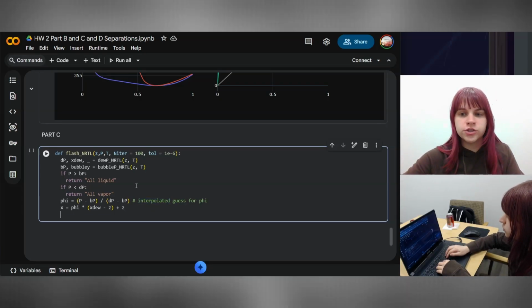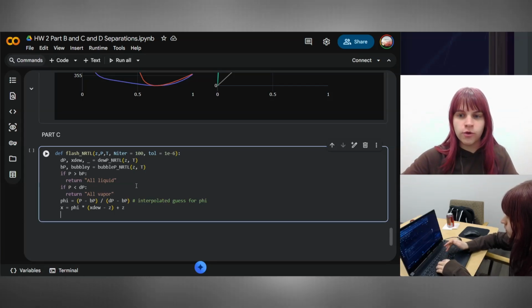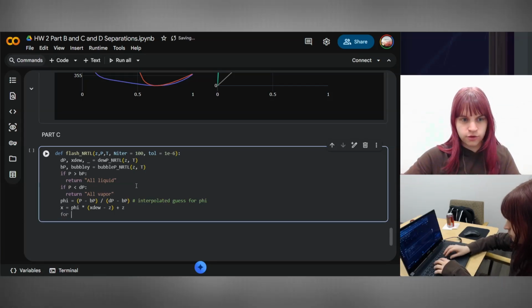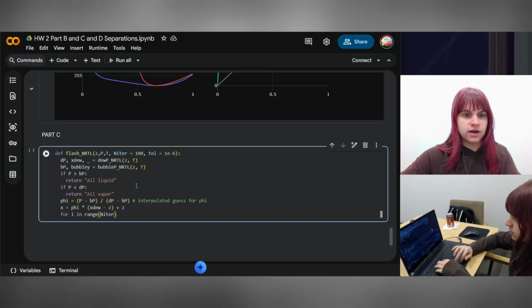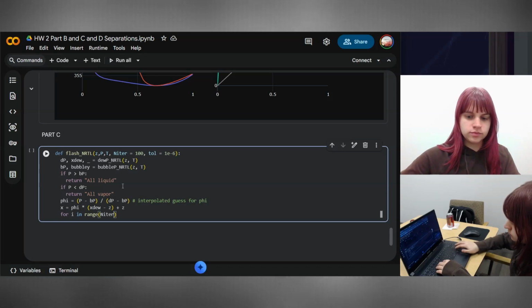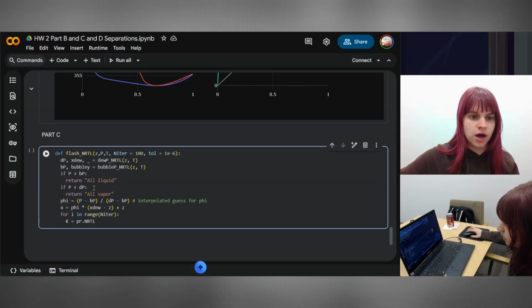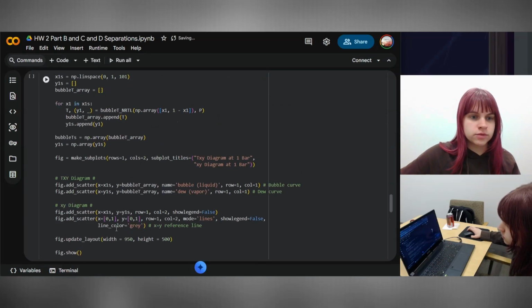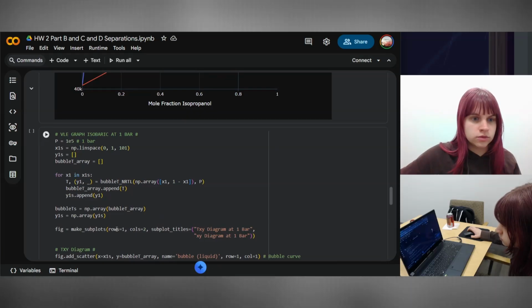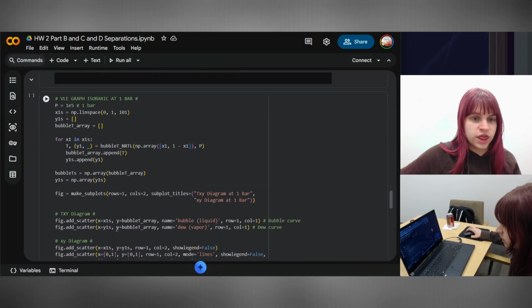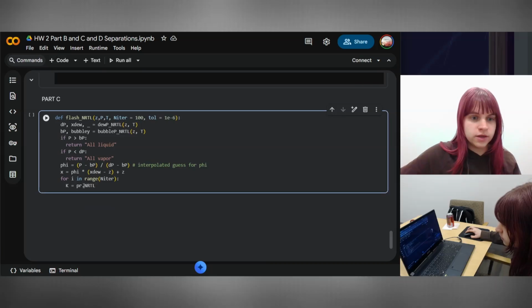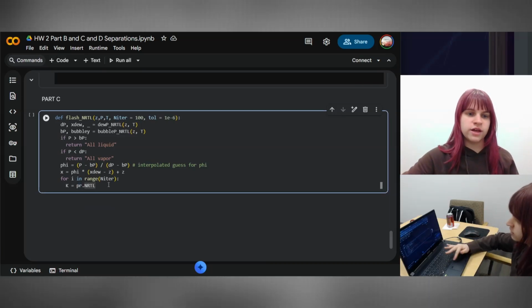And now we want to iteratively solve for the actual phi. So for I in range n iterations that we define up here, we want to solve for our k values, which we're going to pull again from our properties, which I think I made PR, but if it's not, it'll let me know that there's an error.